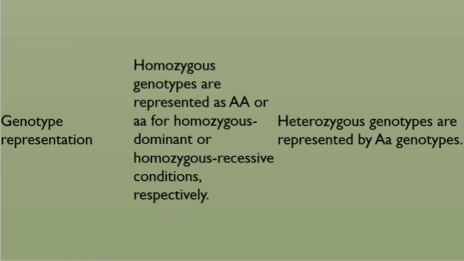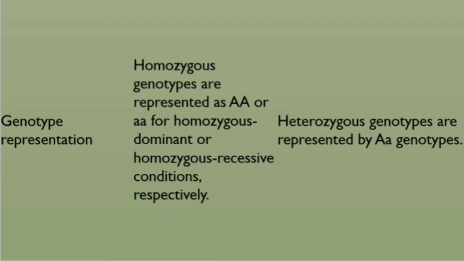When we represent the genotype of a homozygous dominant, we represent it as capital A and capital A. If it is homozygous recessive, we represent it as small a and small a.